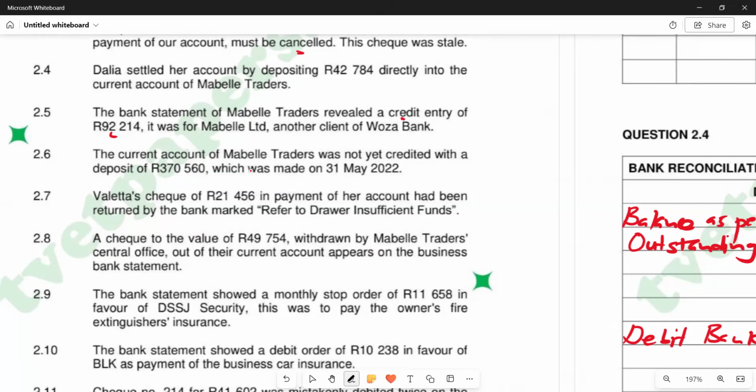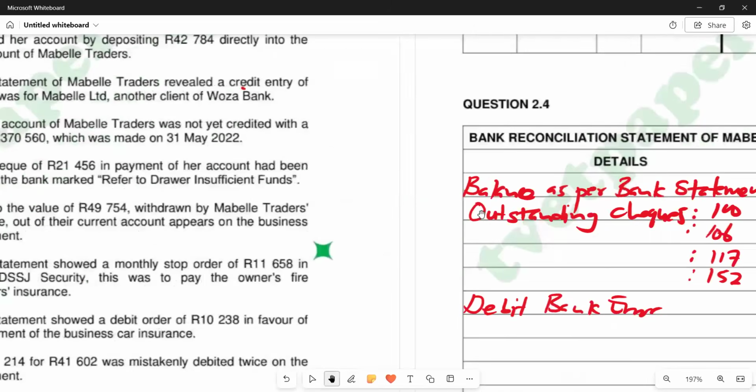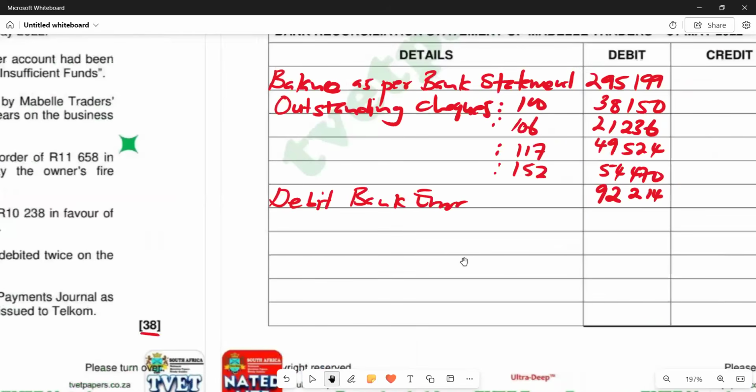So what does it mean? It means this deposit obviously is going to reach the bank and be processed. That is the assumption that we have. If something happens, it's going to be updated in the next period. So what we are going to do is enter this 370,560 on the credit side as an outstanding deposit, since we are expecting that deposit.